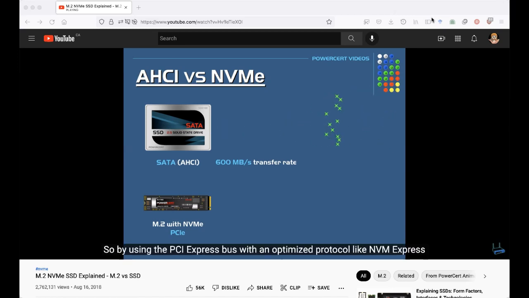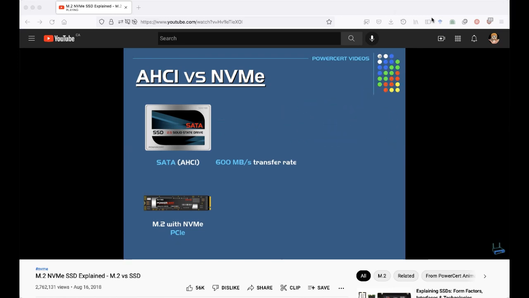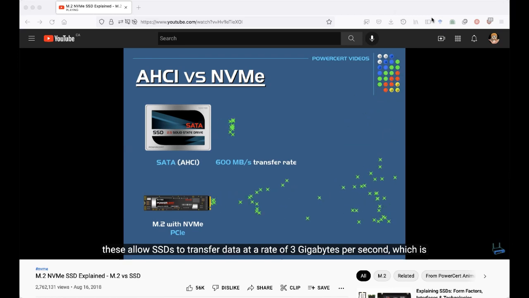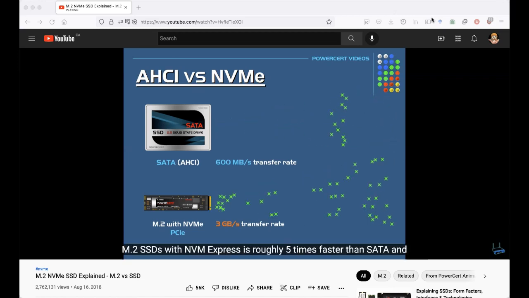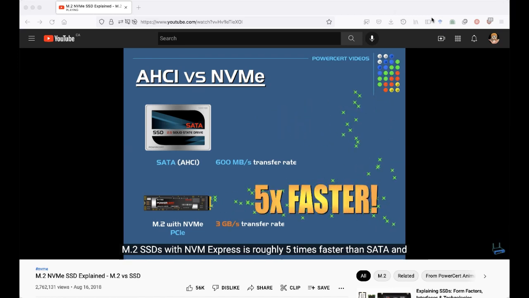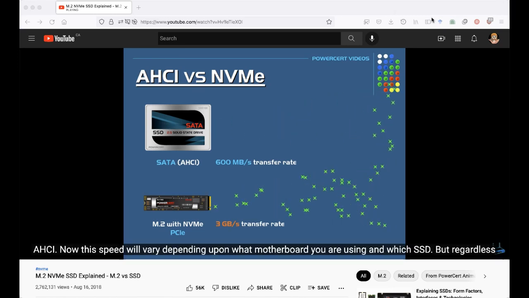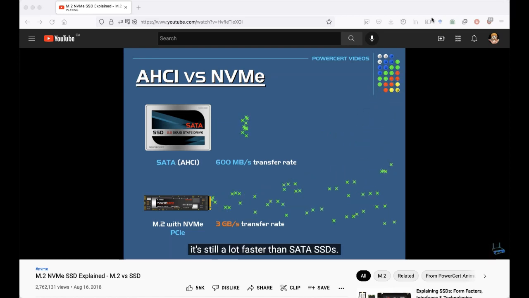So by using the PCI Express bus with an optimized protocol like NVM Express, these allow SSDs to transfer data at a rate of 3 gigabytes per second, which is extremely fast. So M.2 SSDs with NVM Express is roughly 5 times faster than SATA and AHCI. Now, this speed will vary depending upon what motherboard you are using and which SSD, but regardless, it's still a lot faster than SATA SSDs.